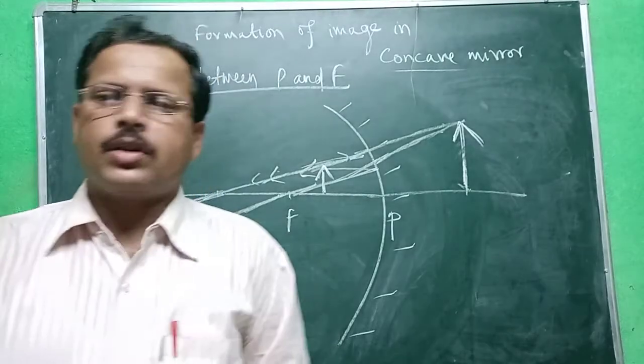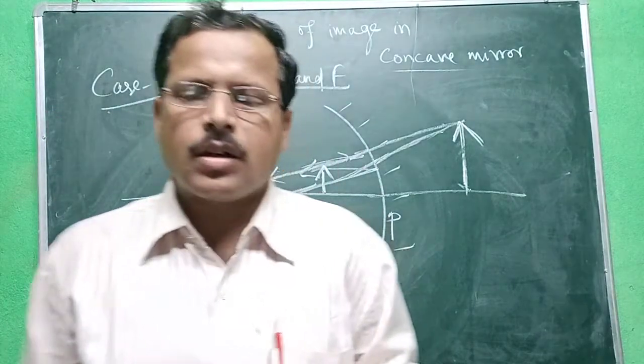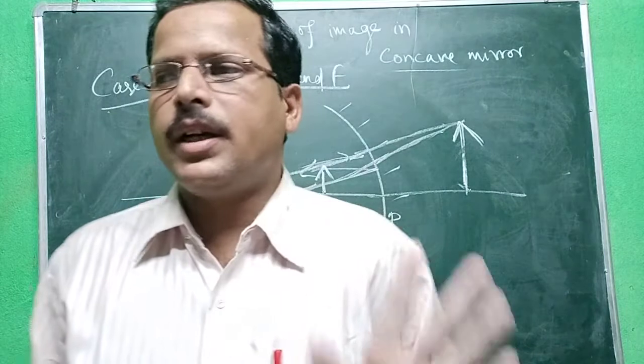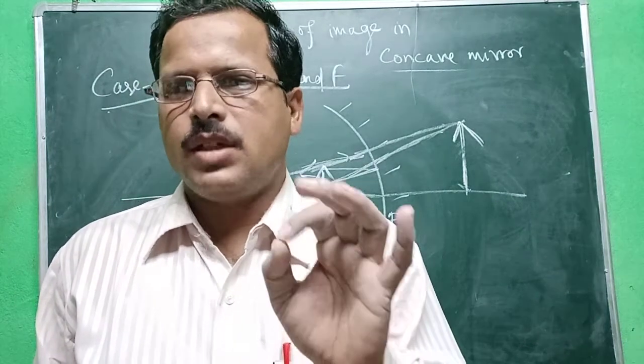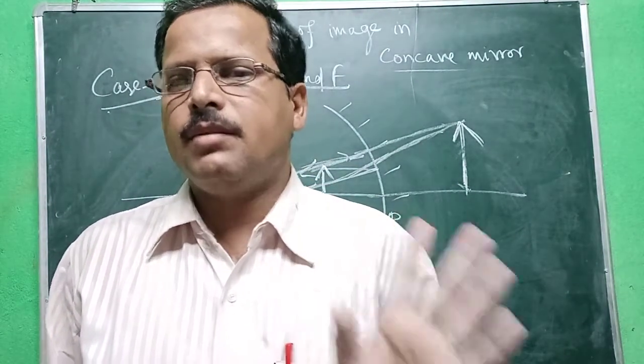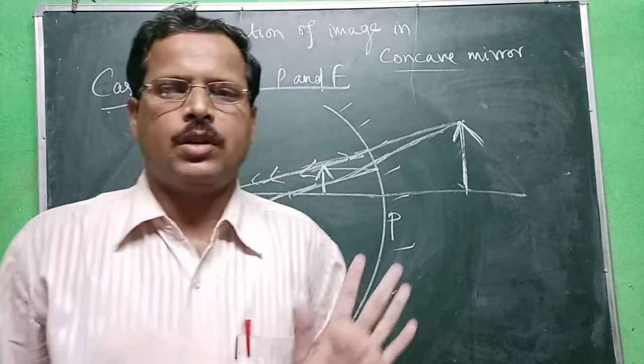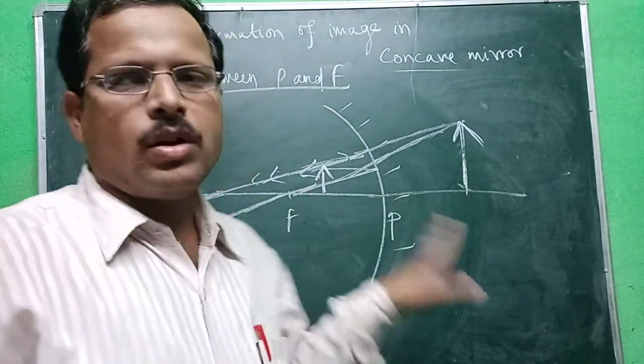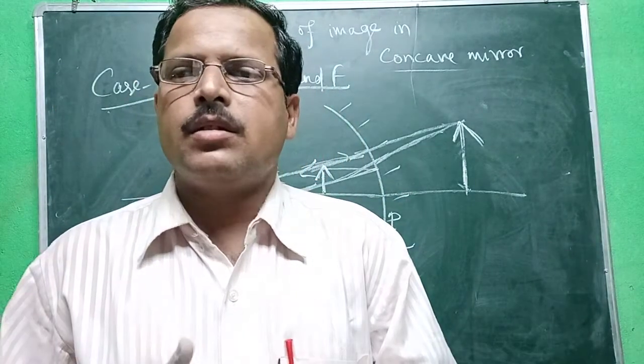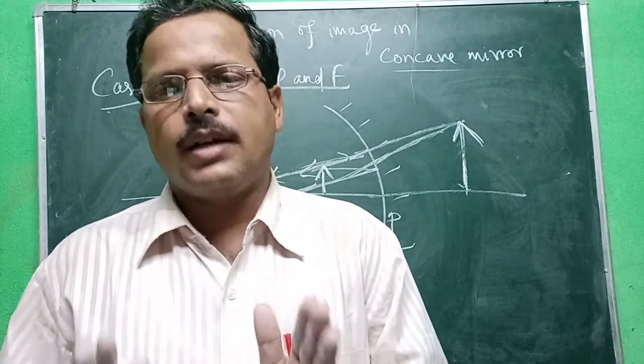While talking about the convex mirror, all images are virtual and erect, and very small, highly diminished type images. Nothing to worry. And this is all about the image formation in case of a concave mirror.